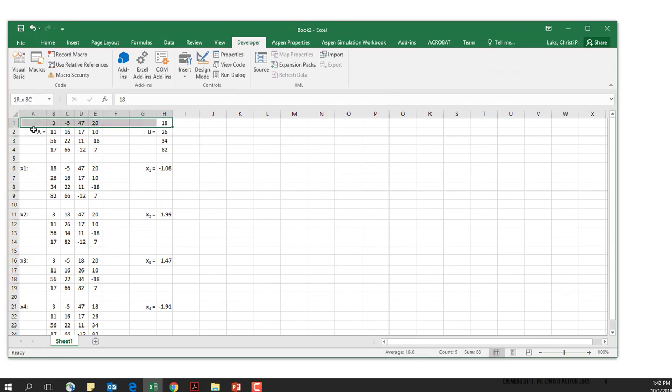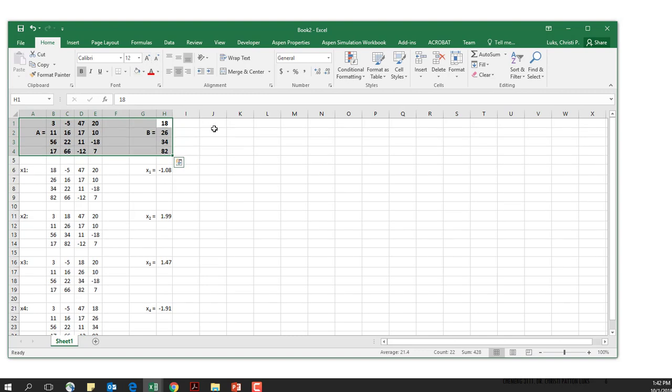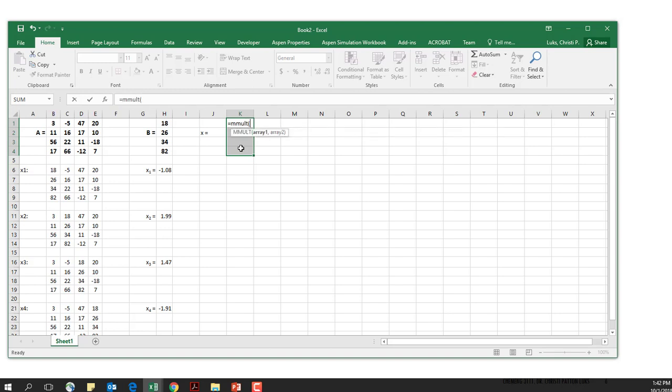So this is my A and my B. And what I would say is that my X matrix is equal to, and so I start by highlighting, it's the product of the inverse of A, comma, with this column here.